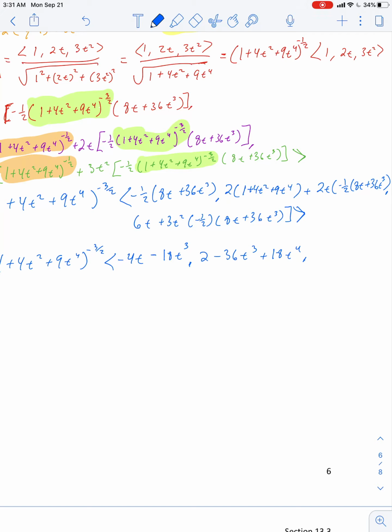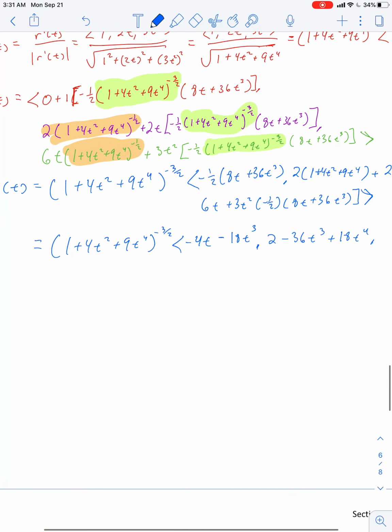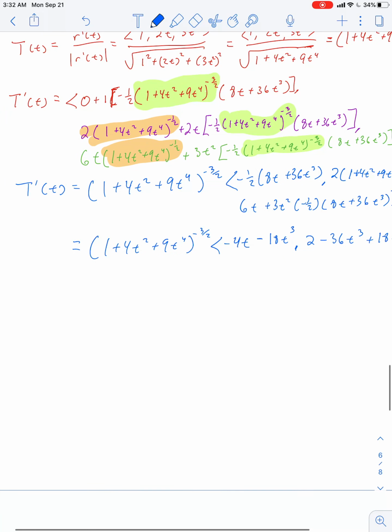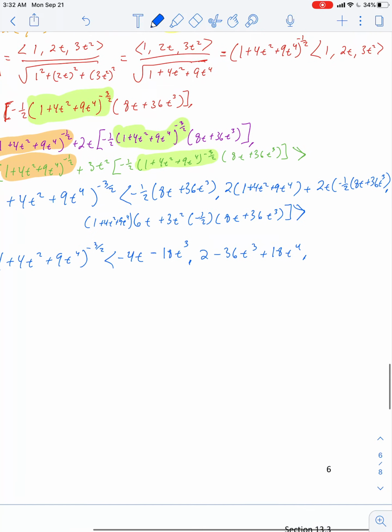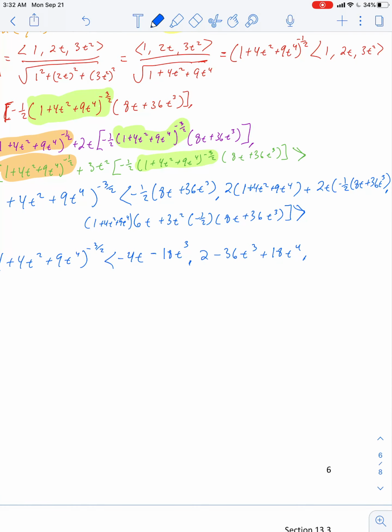And then finally, we'll do the last one, which is 6t. It's the only one that's going to give me a 6t. And it looks like I've forgotten to write something for this one. So that's (1 + 4t² + 9t⁴) times that 6t. So 1 times 6t is 6t.